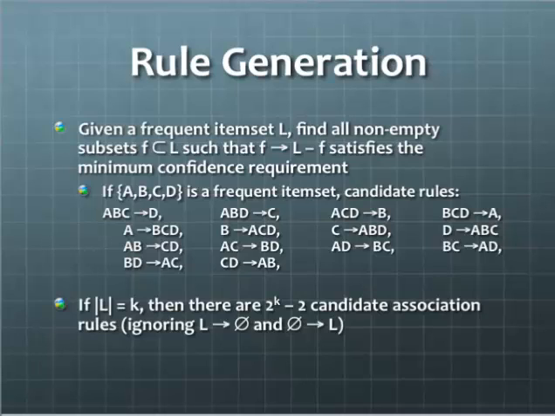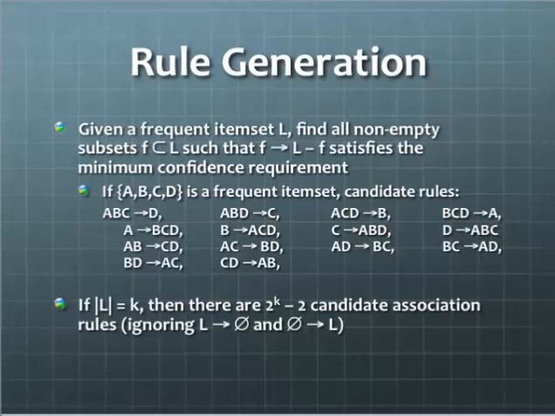For each frequent k-item set, we could usually produce up to 2 to the power k minus 2 association rules, ignoring rules that have an empty antecedent or consequent. An association rule can be extracted by partitioning the item set into two non-empty subsets.